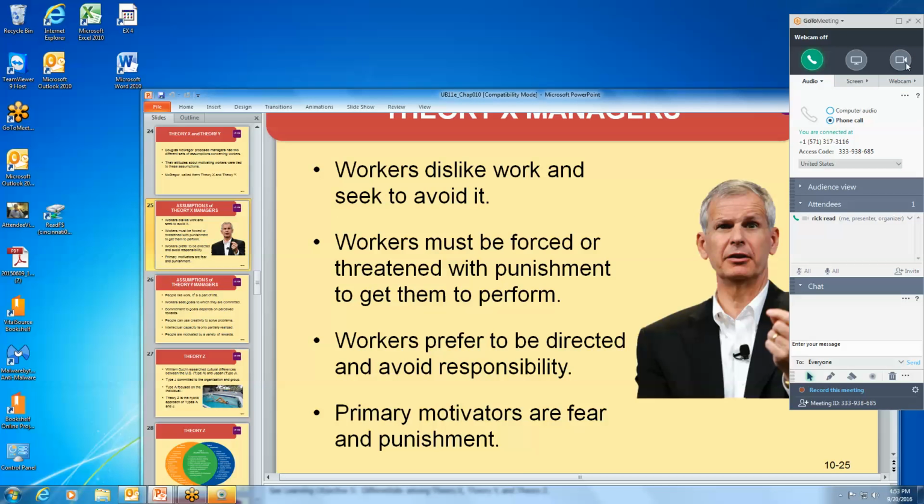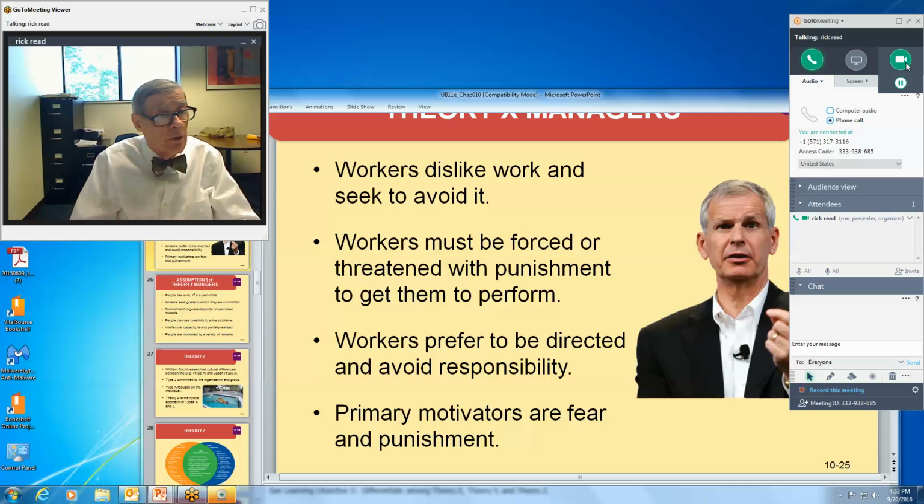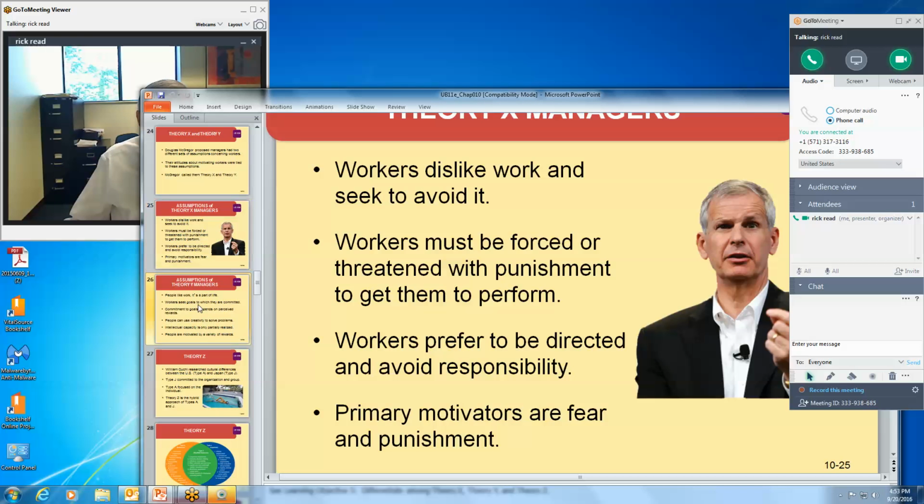Theory X simply says that people don't like to work, and that the only way to get people to work is to threaten them, and that they don't want to take responsibility. They want you to tell them what to do, and that their primary motivators are fear, punishment, and money. Now, money is not listed there, but I threw that in because it's part of it.